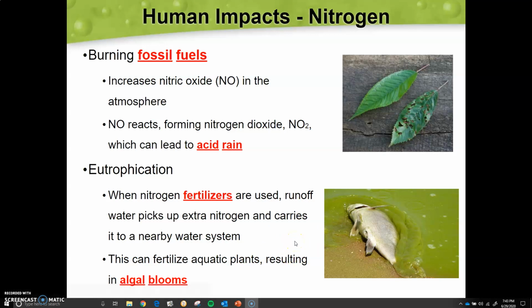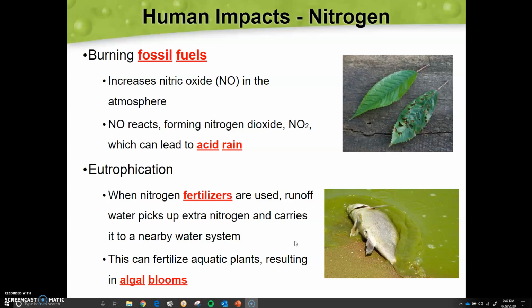They're taking in all that dissolved oxygen found in water and can cause fish kills, because fish need oxygen just like we do. And when they use up all that oxygen, not only fish die, but other organisms can die as well. So make sure you've filled in all your notes with these red words.